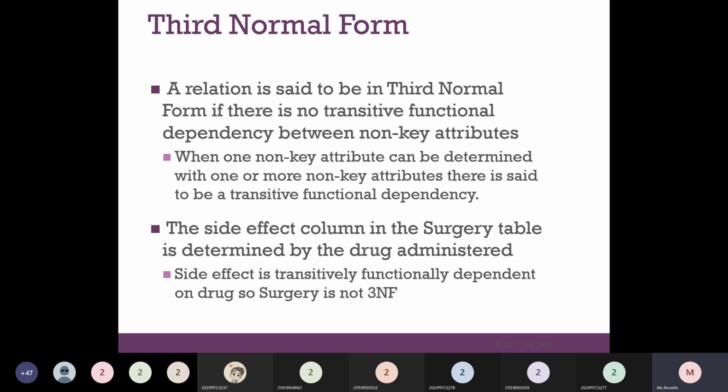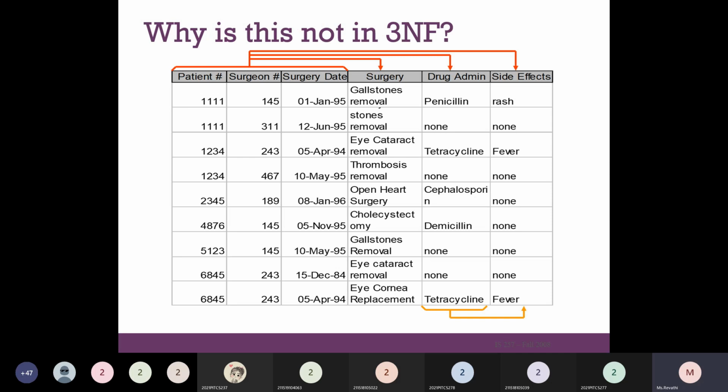The side effect column in the surgery table is determined by the drug administered, so the side effect is transitively dependent on drug. As it retains the transitive dependency, the surgery relation is not in third normal form. So to bring it into third normal form.